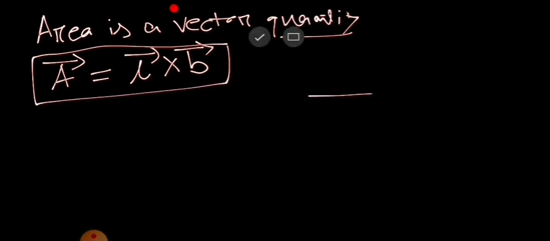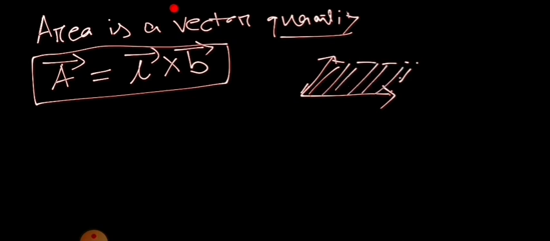If this is your length vector and this is your breadth vector, then the area vector will be perpendicular to the plane. So this surface area, whose two sides are the length vector and breadth vector, has an area that is the cross product of length and breadth. The direction may be like this or like this, depending upon the right hand screw rule.